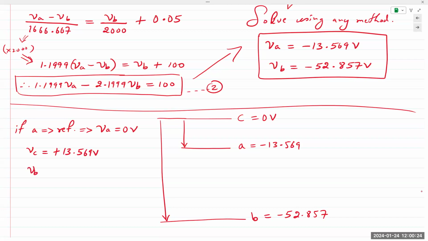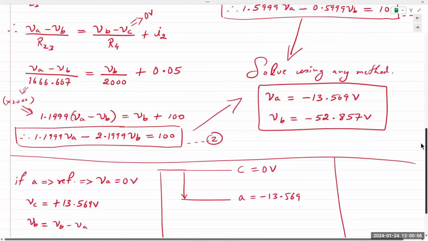And then VB would be the difference between 13.5 and 52.8, so VB minus VA. And if B was your reference, then both VA and VC would be positive. Make sense?